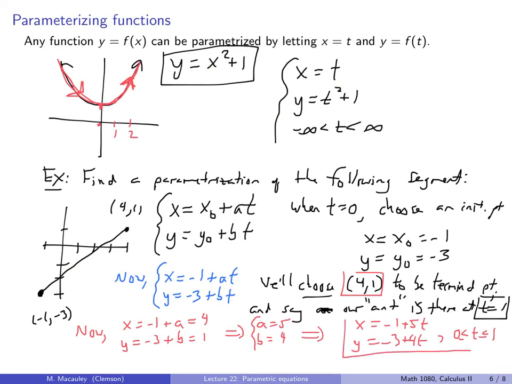So here is our final answer. These are our parametric equations that describe the ant starting from here at time equals 0, ending here at time equals 1, and going along in that direction.